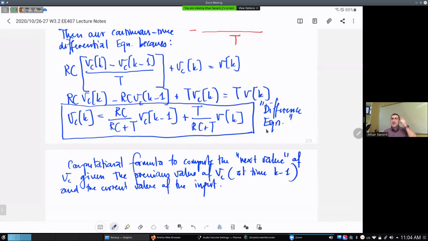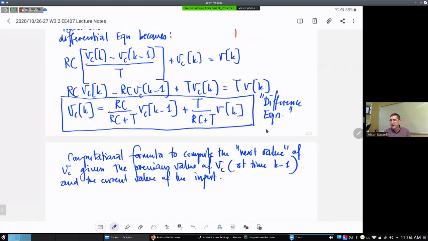So if you start with an initial value for Vc and you know all the values of the voltage at future values, you can successively calculate the value of Vc at any future time.